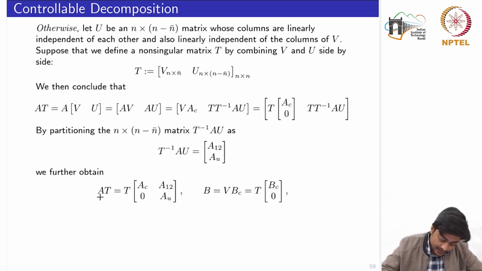So finally I can write my matrix A times T is equal to T taken common from this part AC 0 and from this one, which is nothing but T into A12 and AU. So the remaining matrix would be AC 0 and A12 AU. And B, we already have, is equal to V into BC. And similarly, as we have seen here, I can write V BC is equal to T into BC 0.